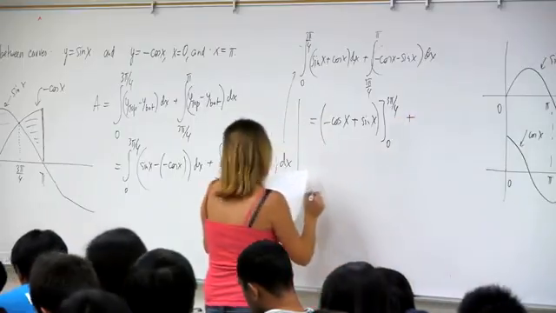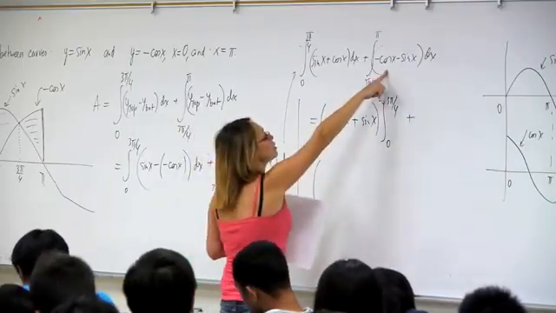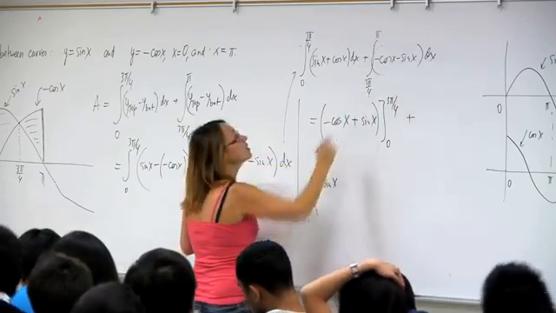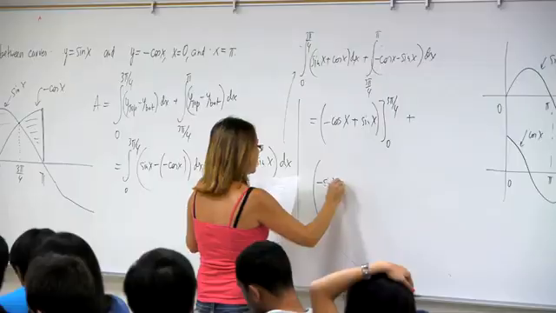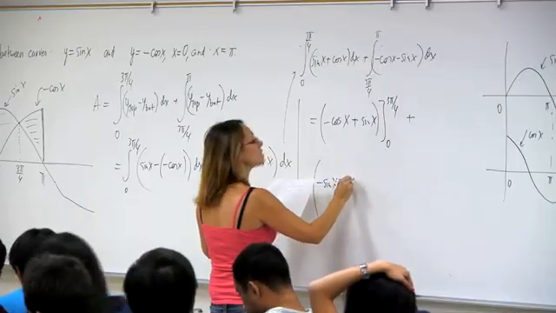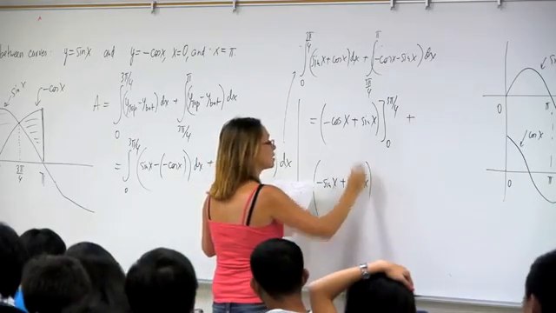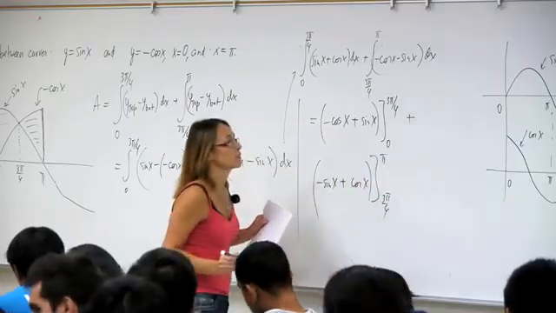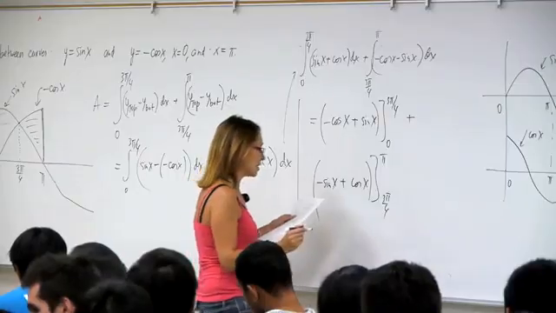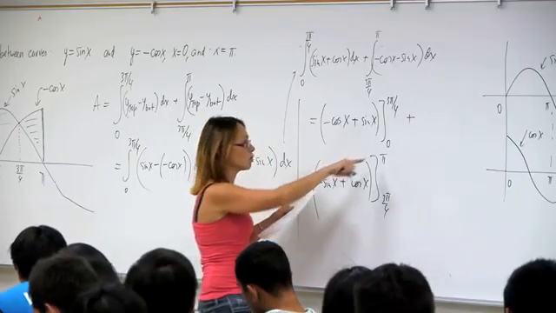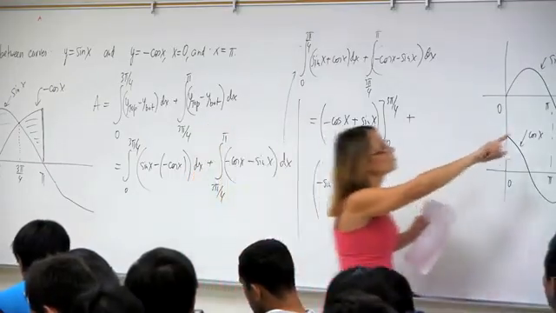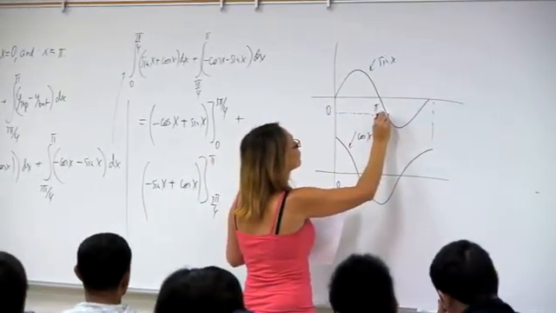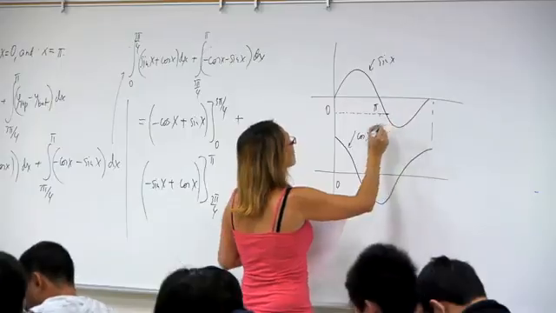And I have plus. Now, the antiderivative of minus cosine is minus sine x. Antiderivative of minus cosine is minus sine, and of minus sine is cosine x, from 3 pi over 4 to pi. So what I need to know is the sine and cosine of 3 pi over 4.